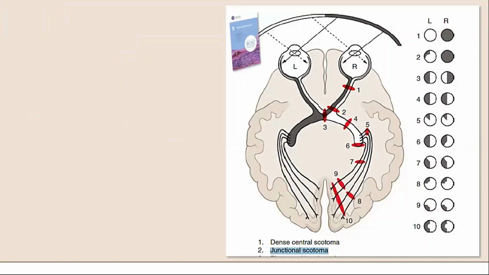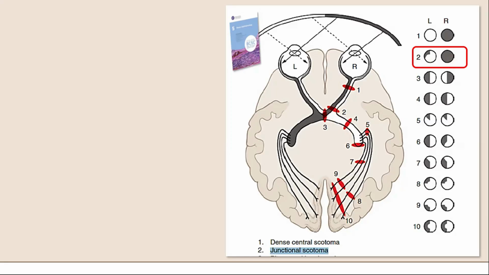And that's why, because of the variation in severity, if we see this diagram, for example, number 2, this is the junctional scotoma. As you can see, this marking is at the junction between the chiasm and the right optic nerve, okay? You see here the right visual field is depicted totally black, as in your description, and you have a junctional scotoma in the other eye.